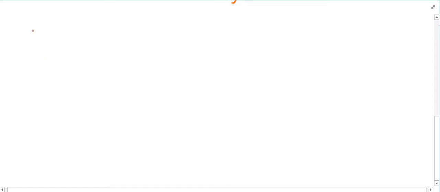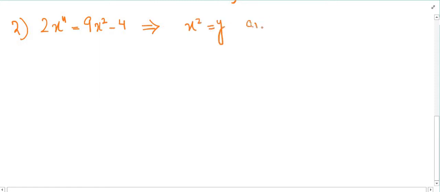Okay, second is 2x^4 equals 9x^2 minus 4. Substitute here x^2 equals y and x^4 equals y^2.